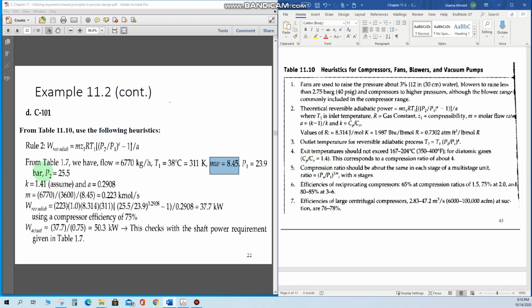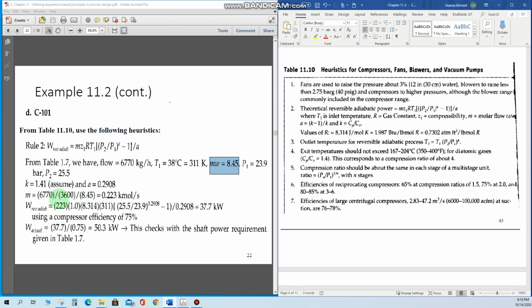So we can consider the value of K equal to 1.4, because Cp divided by Cv is equal to K. Then we can use this equation: A is equal to (K minus 1) divided by K, and you can get the value of A, which comes out to be 0.2908.